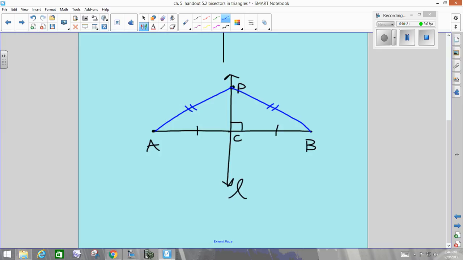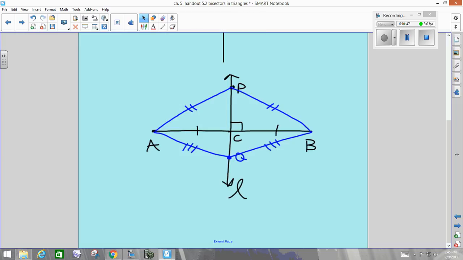If I had point Q down here on line L, since line L is the perpendicular bisector of the segment, then any point on it is going to be equidistant to the endpoints. So QA would be the same as QB. Any point on the perpendicular bisector is equidistant to the endpoints. If I picked one way up here, it would be the same distance from A as it is from B.